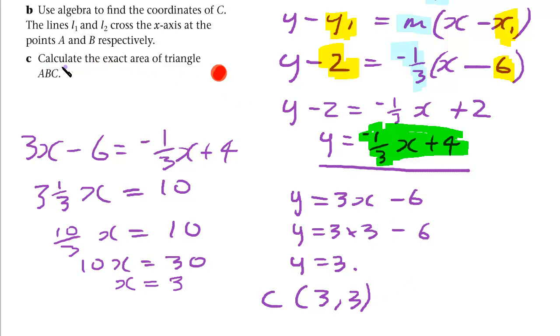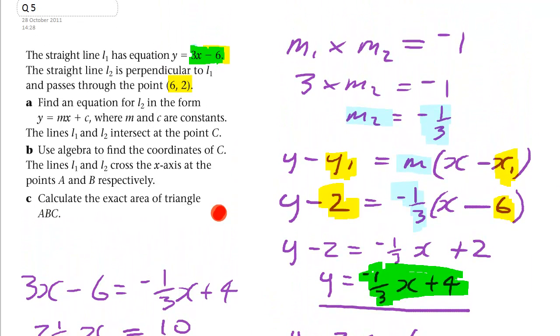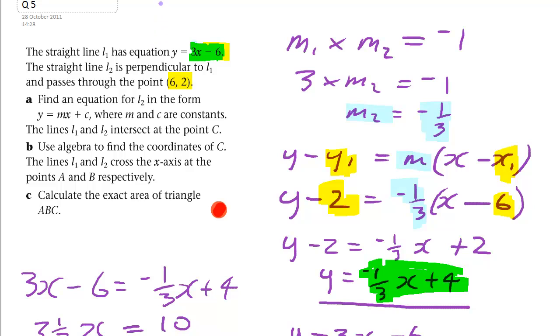Now we want to calculate the exact area of the triangle ABC. We know the lines cross the x-axis at points A and B respectively. So we need to find the points A and B. That's where they cross the x-axis, so that's where y equals 0. Well, let's go back and have a look at our two equations again and see what happens when y is 0.